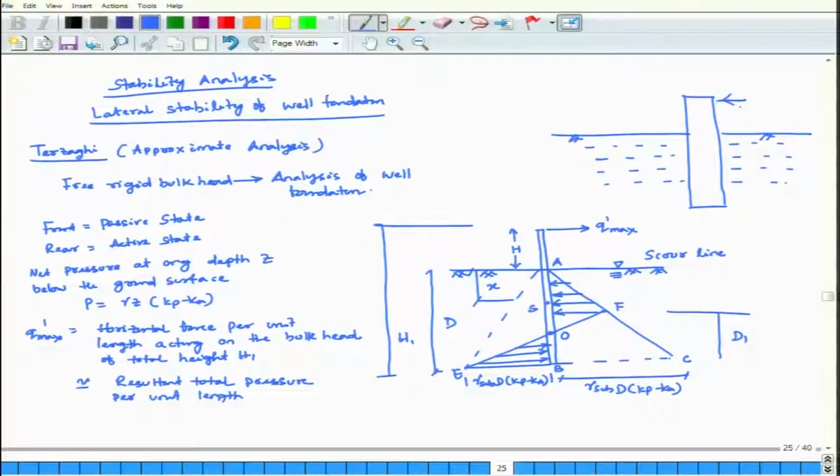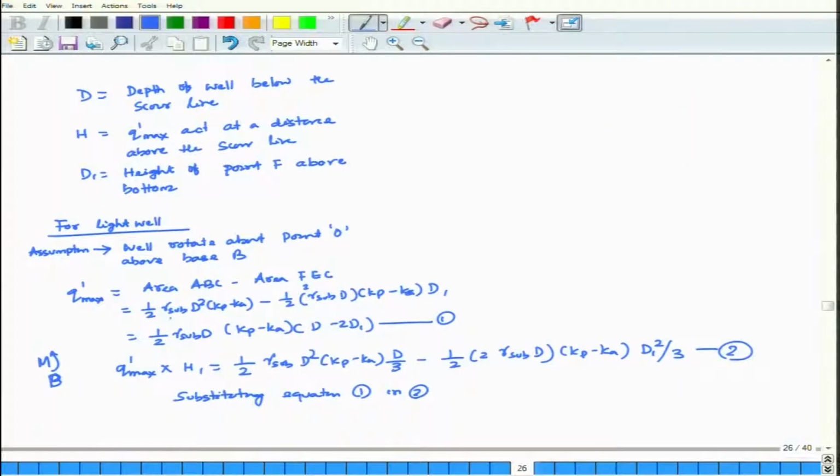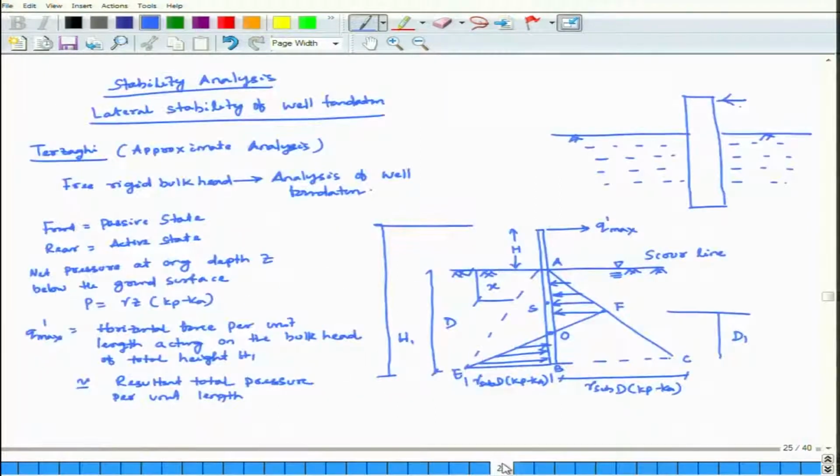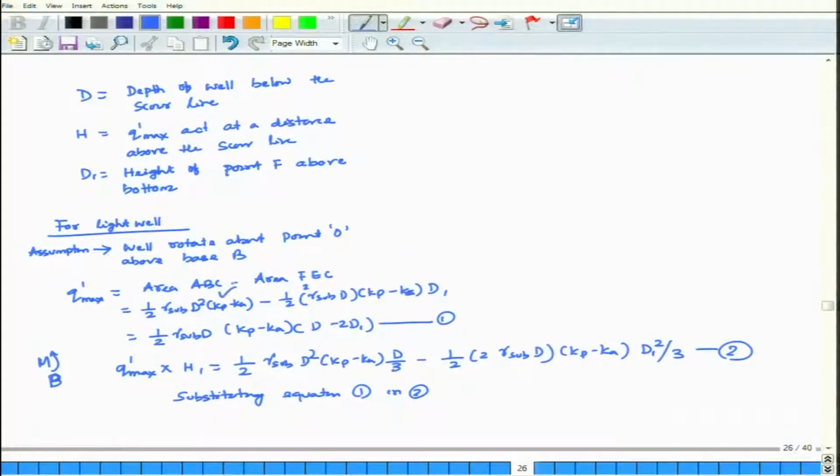If you look here, area ABC is half gamma submerged d square (Kp minus Ka), where this is your d. So, it will be half gamma submerged d square (Kp minus Ka), this is fine.